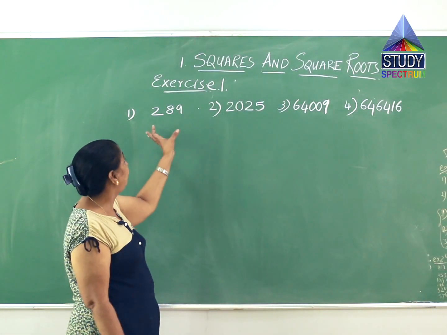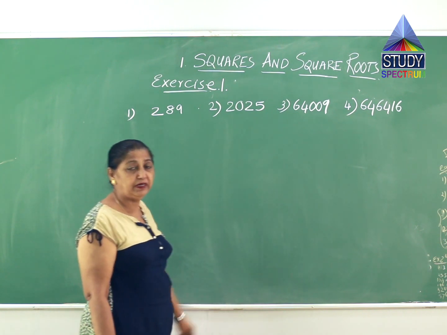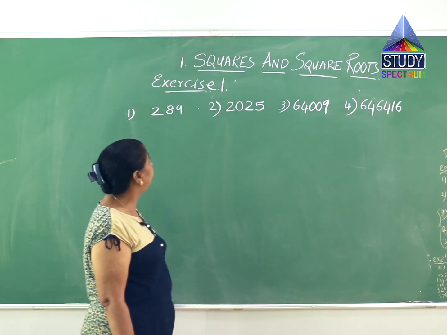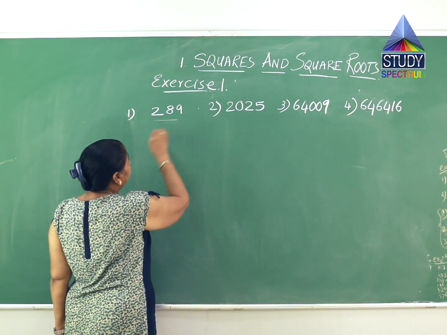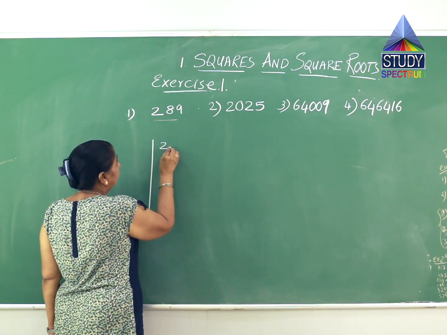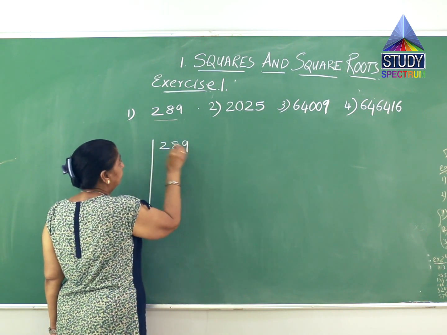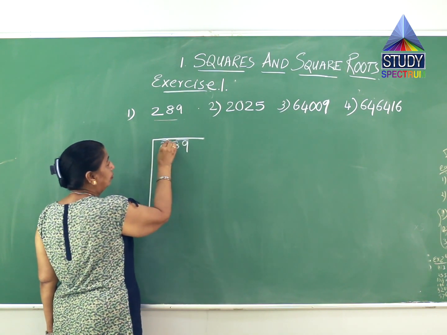Let me explain the examples given in exercise 1, so that it will make it very easy for you to understand the division method. Now here the number is given 289. By division method you have to write 289 inside and then again make a group of 2.